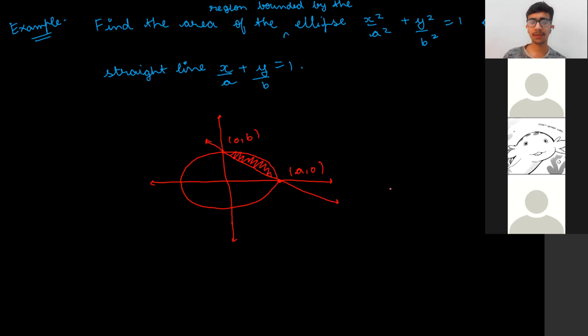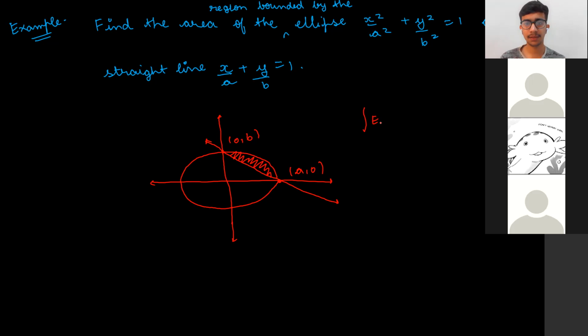Now, how do we calculate this? Just the curve. Why just the curve? If you calculate just the curve, you get this whole area, and then you subtract the line. Exactly.